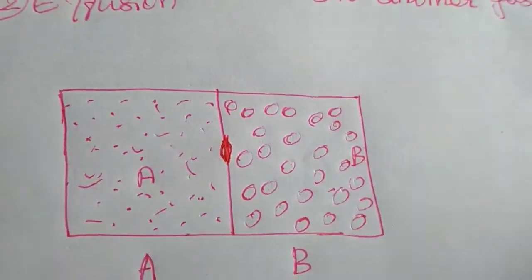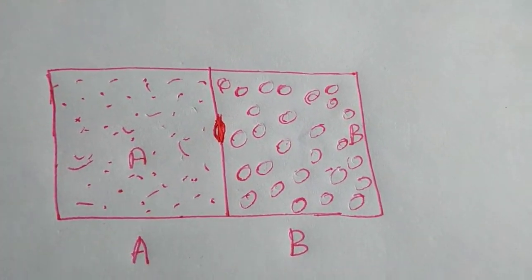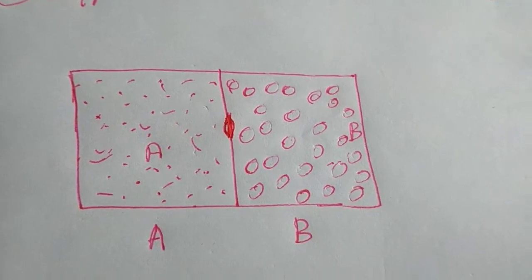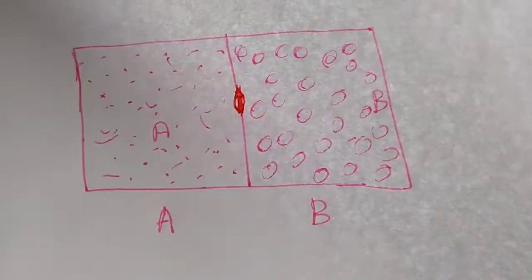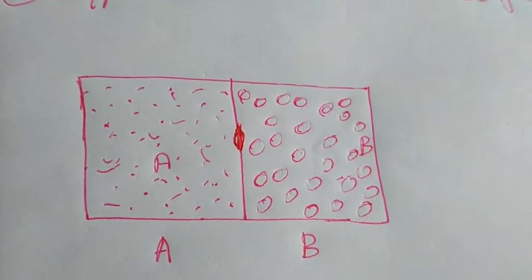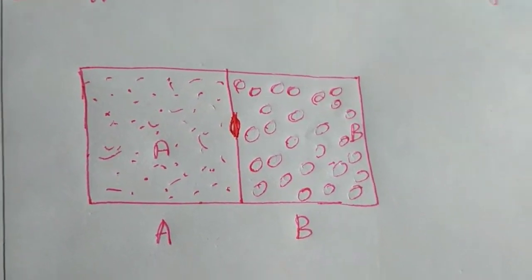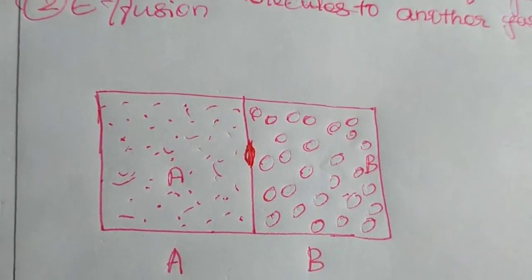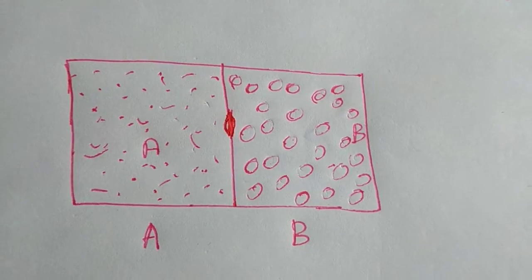The movement of air particles from one part to another part, or we can say from the region of higher concentration to lower concentration. In the closed room, you will get some fresh air or some air particles from outside through the window. This process is known as diffusion.